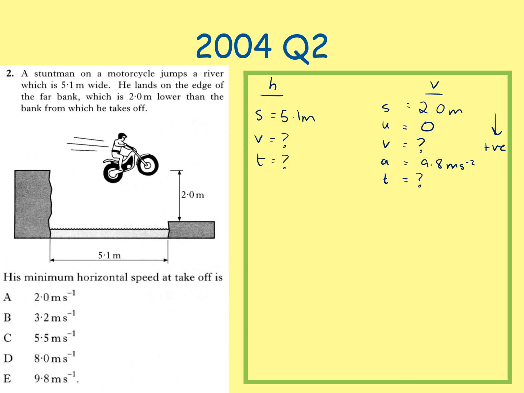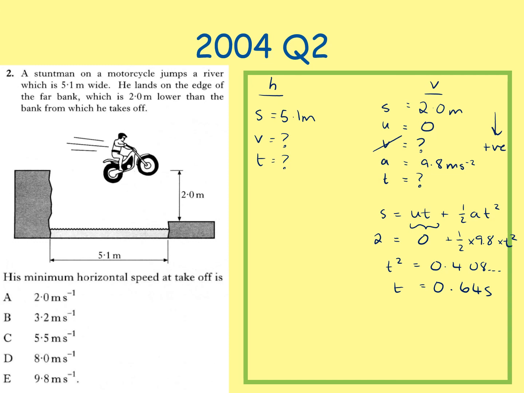So again, the most appropriate equation to use for this, ignoring v, is s equals ut plus a half at squared. So 2 equals, this is going to be 0 because our u is 0, plus a half times 9.8 times t squared. Therefore, rearranging this, our t squared is equal to 0.408 and so on, so t is equal to the square root of this, which is 0.64 seconds.